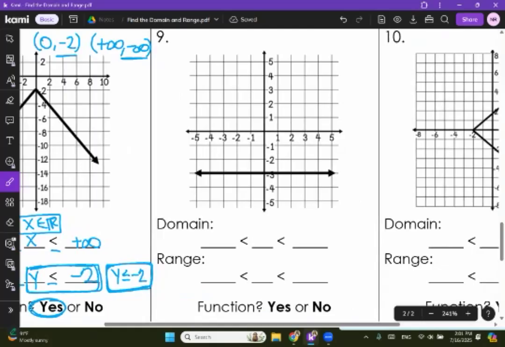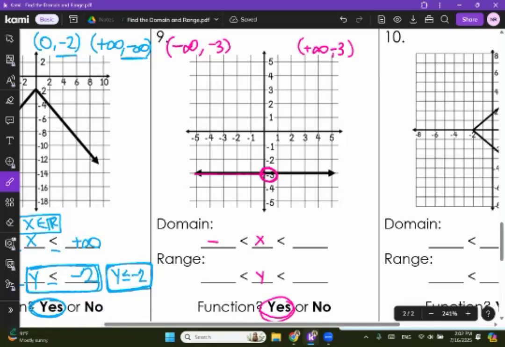Domain and range. This is just a straight horizontal line. So yes, that one is going to be a function. It's going towards -infinity, but notice the y value is staying steady at the -3. This side's going towards +infinity, and it's still at the -3.